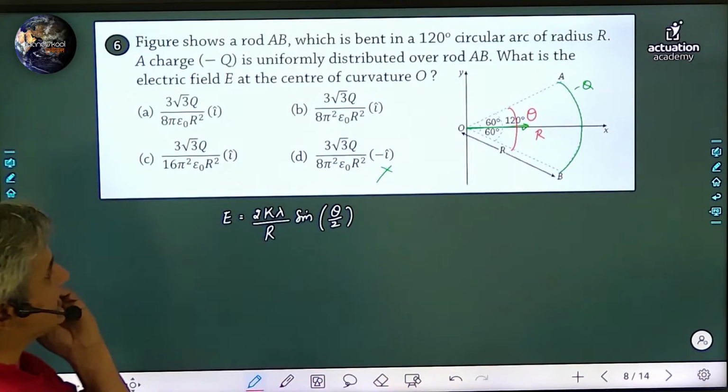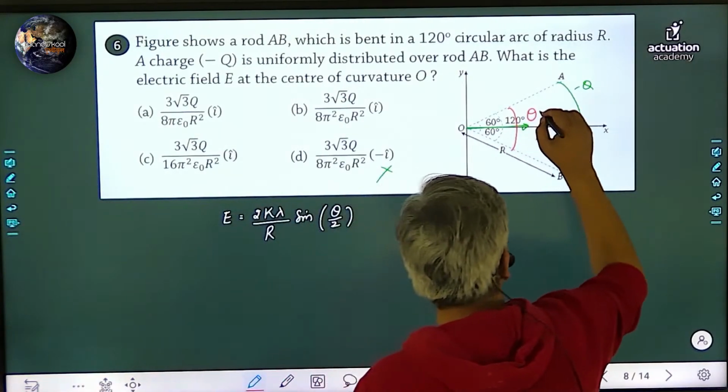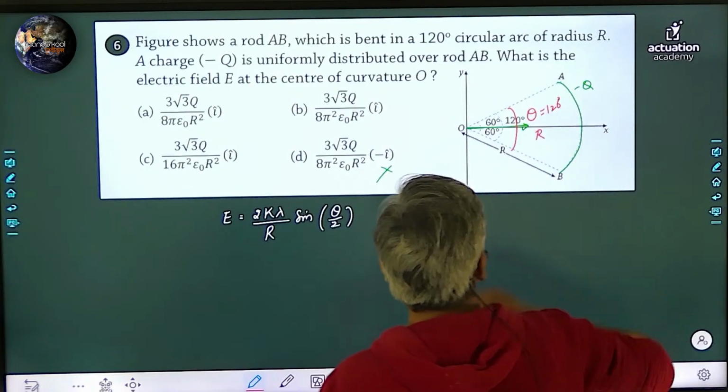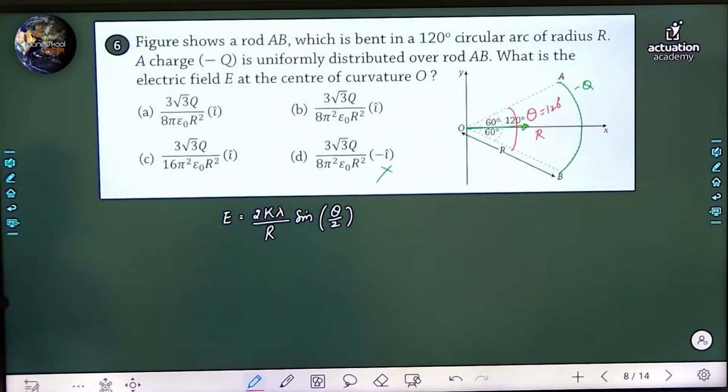So in this case, theta is 120 degree. So we'll make use of this.